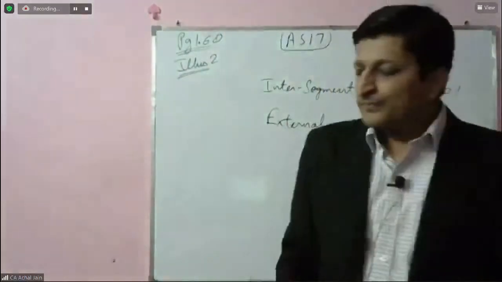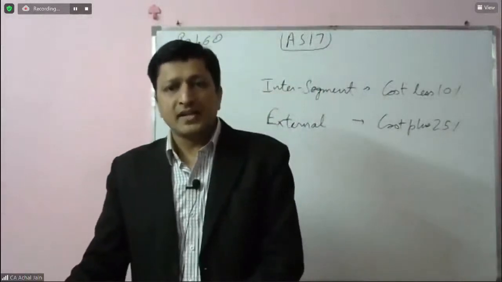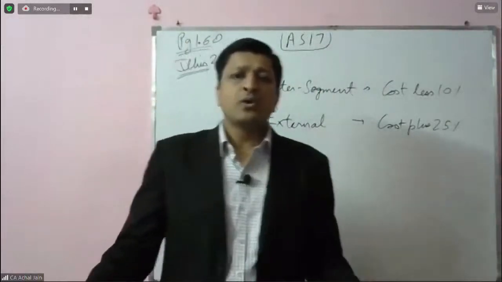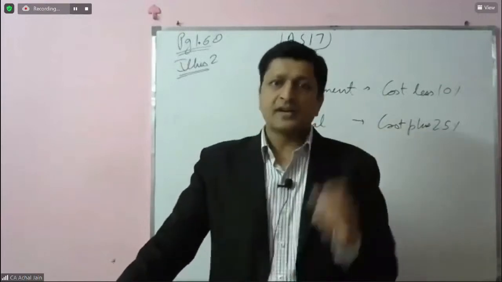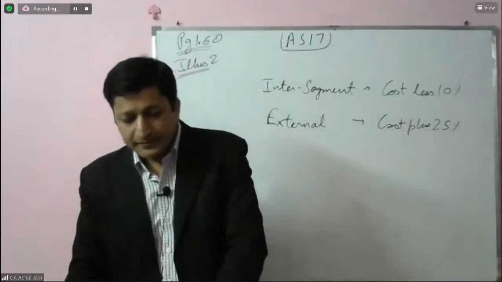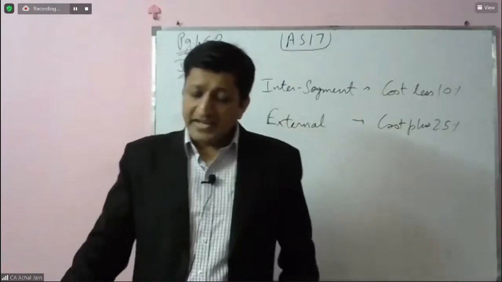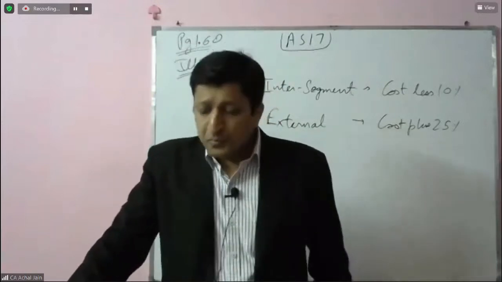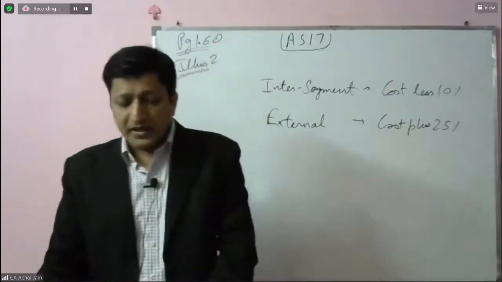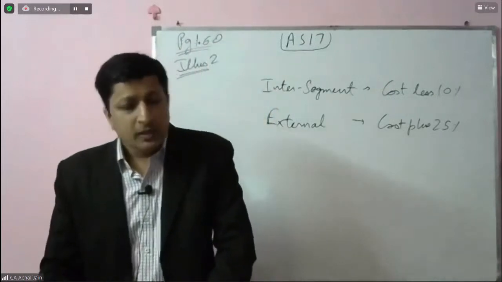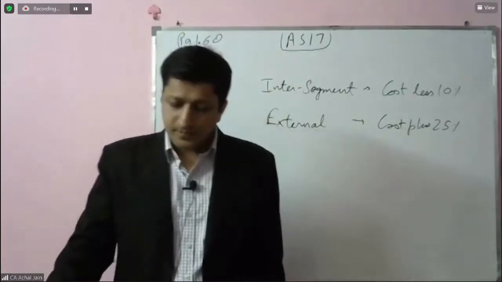Sakshi is saying an entity can have its own policy for pricing inter-segment transfer, which may be below cost or on cost, but it has to be disclosed and applied consistently. Therefore, it seems to be correct. Now, as you rightly mentioned, an entity can have its own policy for pricing the inter-segment transfers, and hence inter-segment transfers may be at cost, below cost, or at some markup of the cost.